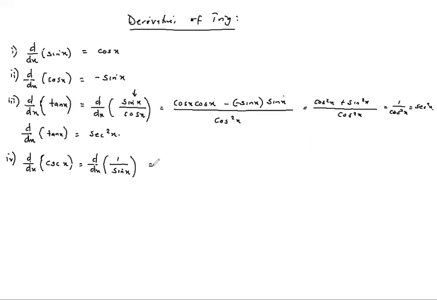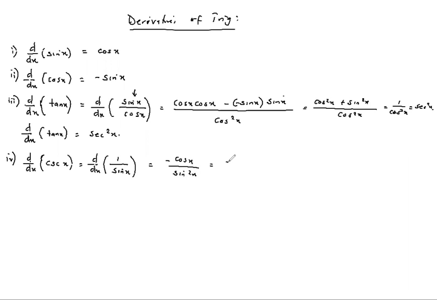Again, use the quotient rule. You differentiate the first one, you get 0 multiplied by sine is still 0. Minus, you differentiate sine, you get cos x, and divide by sine squared x.